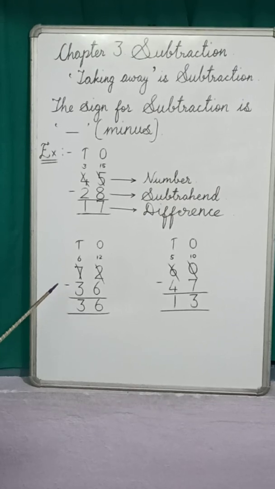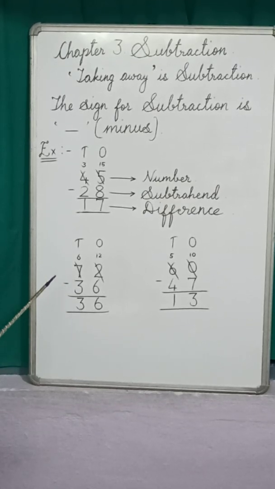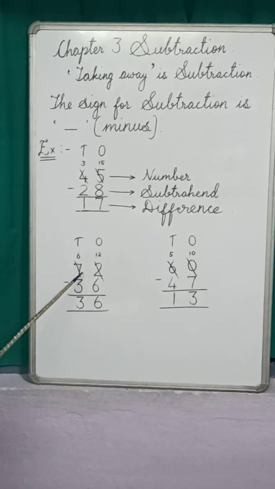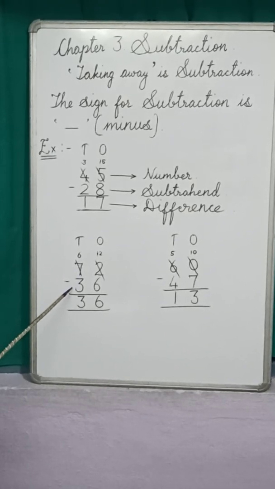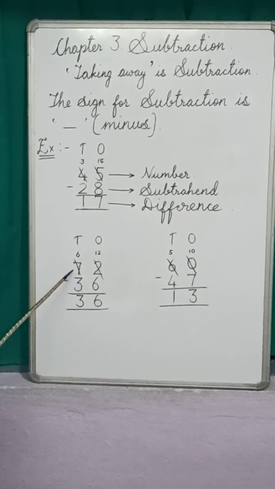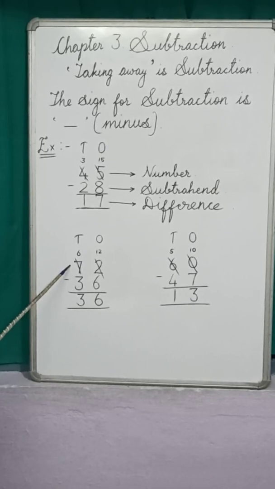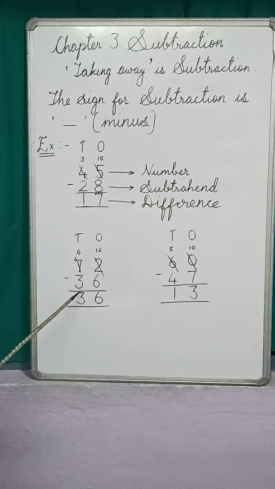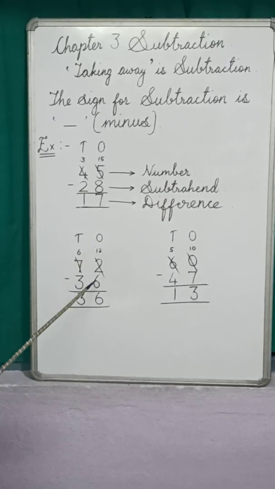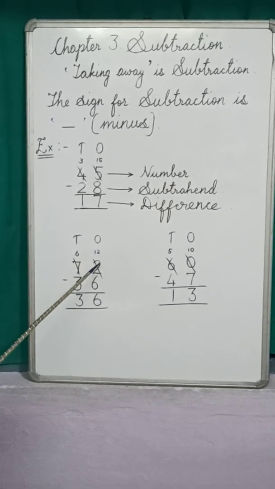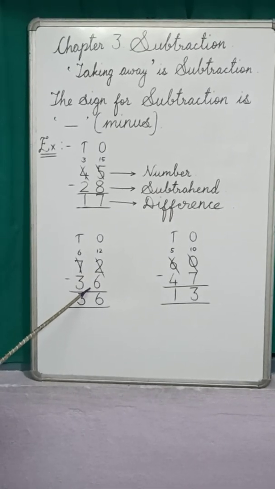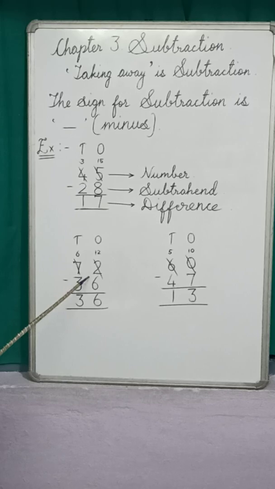Now here are few examples. Let's see this. Now here we have two numbers 72 and 36. We have to subtract 36 from 72. So 72 is called the number and 36 is called the subtrahend. Now let's solve this. Now in the ones place we have this 2 and 6. From 2 we cannot subtract 6 because 2 is smaller than 6.